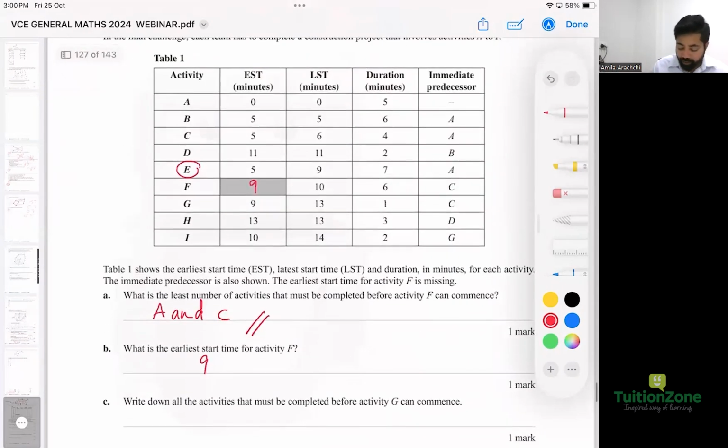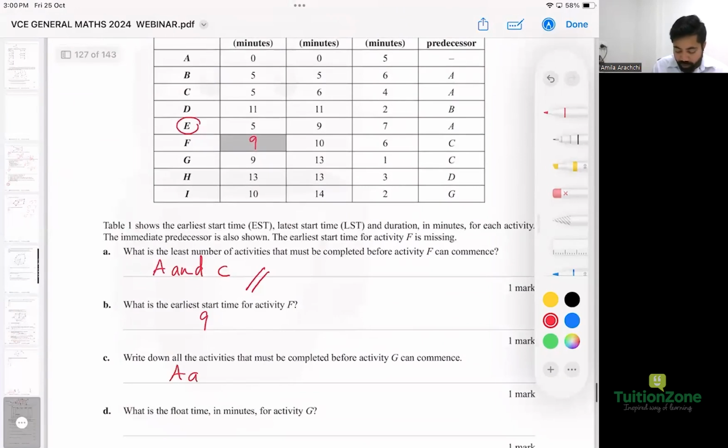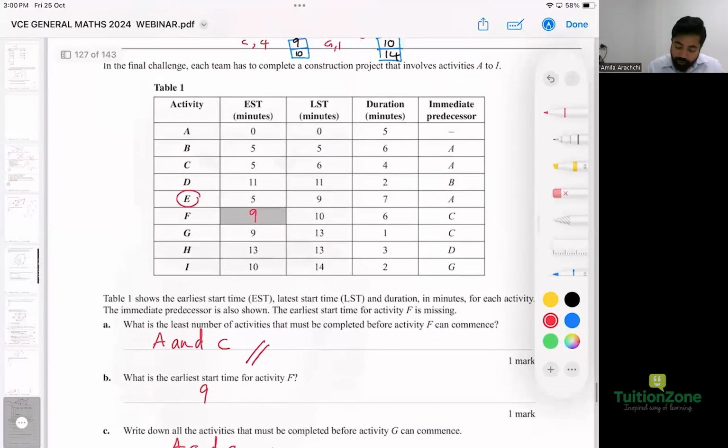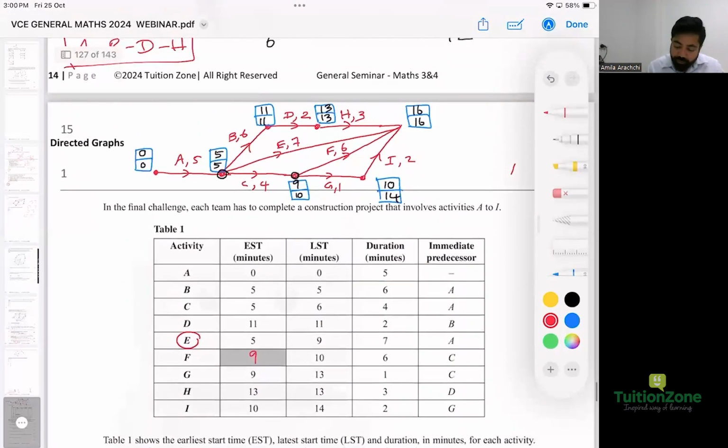So just say A and the C. So A and C. Part D. What is the flow time for activity G? G. What's the flow time for activity G? 14 minus 1 is 13.